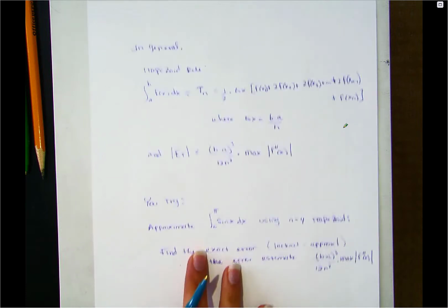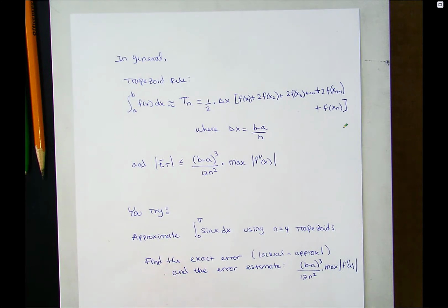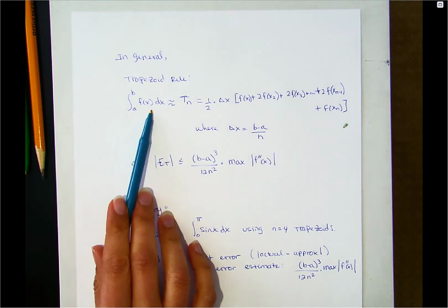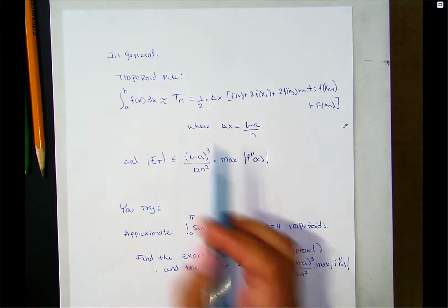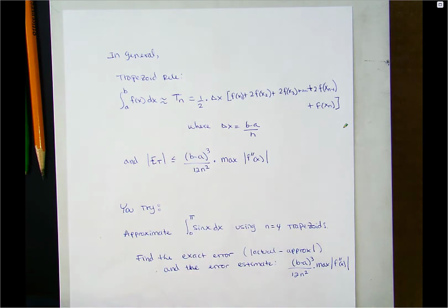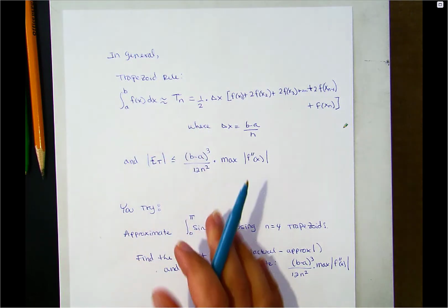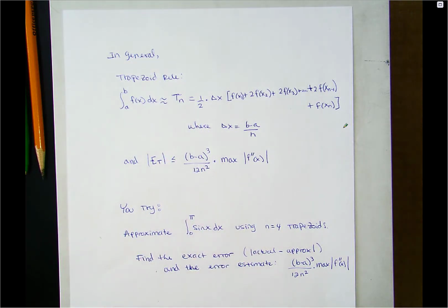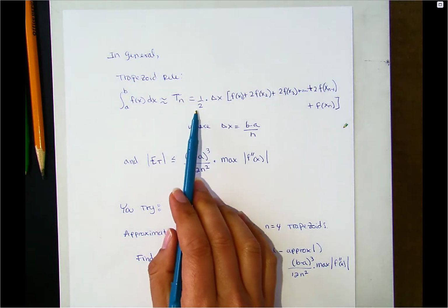In general, the trapezoid rule formula is the integral from a to b of f of x dx is approximately Tn. That's the notation that we use to say the trapezoid rule is being used, with n being the number of trapezoids. So for our example, we used T4 because we had 4 trapezoids.